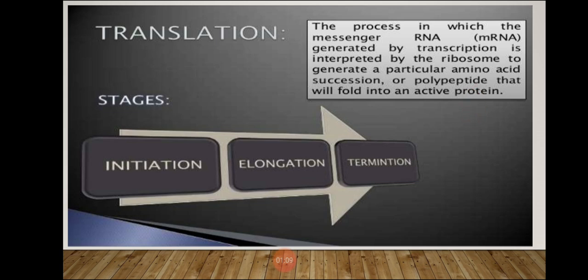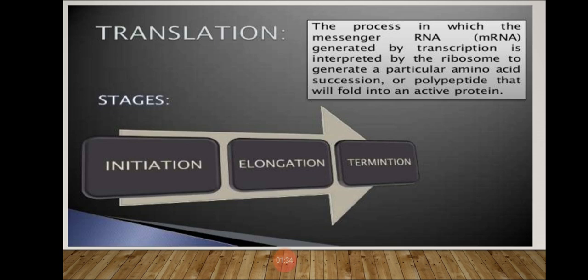In short, here is an easy definition: translation is the mechanism in which the codons of mRNA are translated into a specific amino acid sequence in the form of a polypeptide on ribosomes.